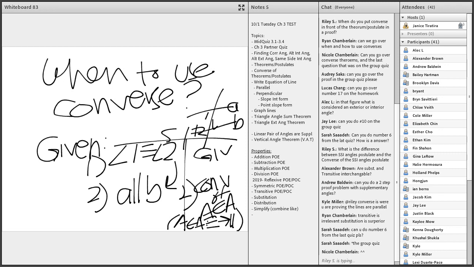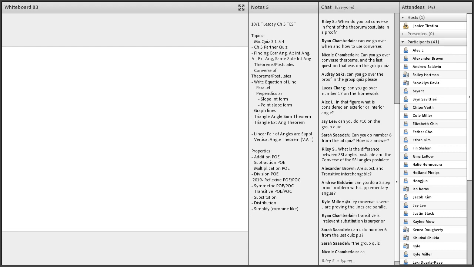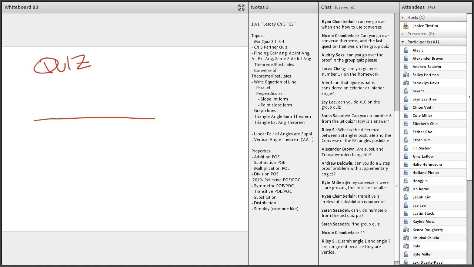Okay, so here's another example for converse. I think this was a popular one. I don't remember what number this was. Let me look at my quiz first. This one was number 7A and 7B from the quiz. This will answer, when do you use converse? You were given angle 5 is congruent to angle 7.